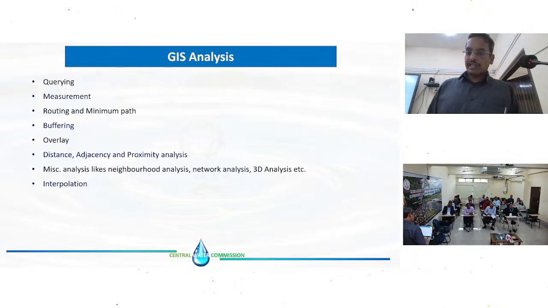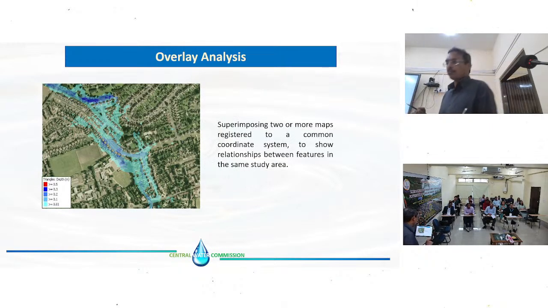Then overlay analysis. One example. This is an example of overlay analysis. This is an incidence of flood. There is very high resolution satellite imagery in the background, where you can even see houses, everything. And then you have captured this information somehow, the inundation area, along with information of depth from a flood event.